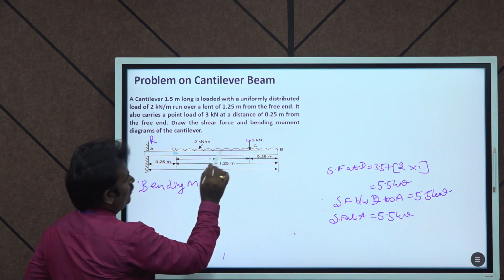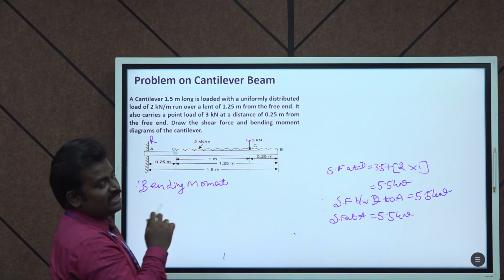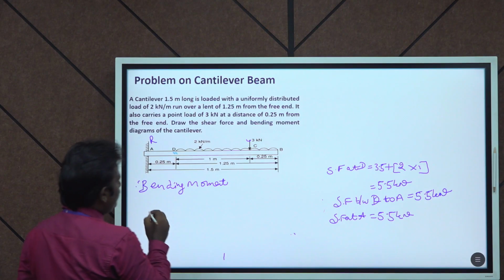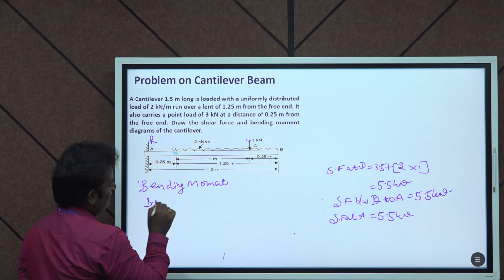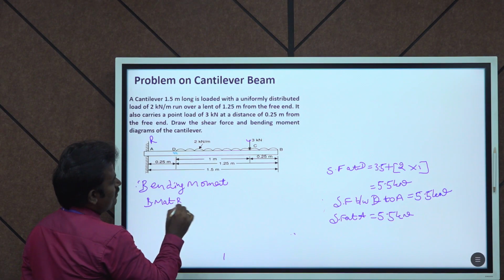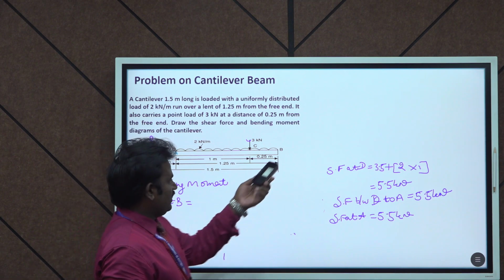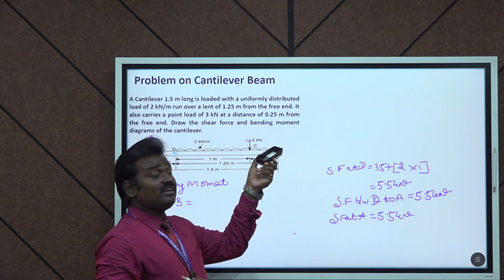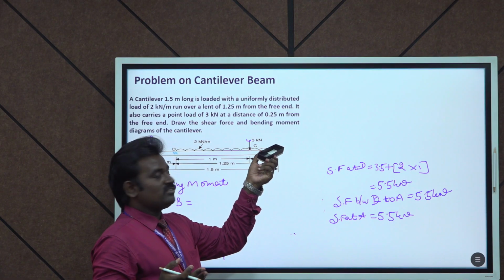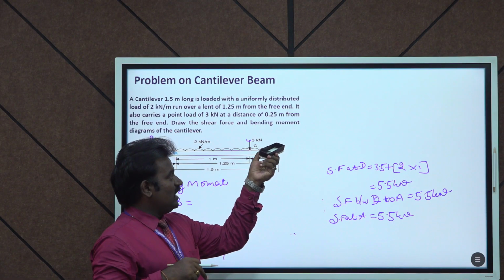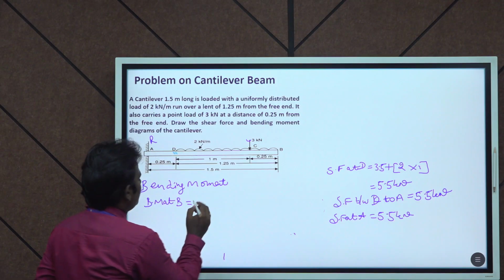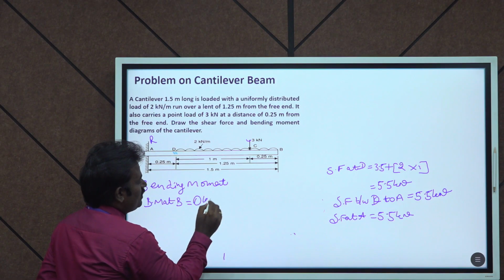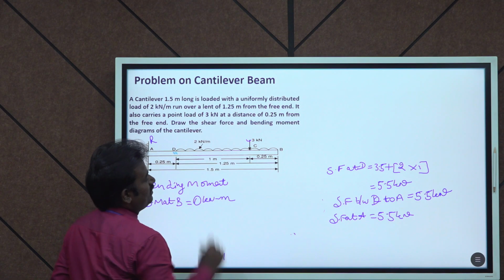Here there are 4 points: B, C, D and A. So BM at B: the UDL load is acting, but here there is no distance, the distance is 0 at this starting point. So the bending moment at B is 0 kilonewton meter.